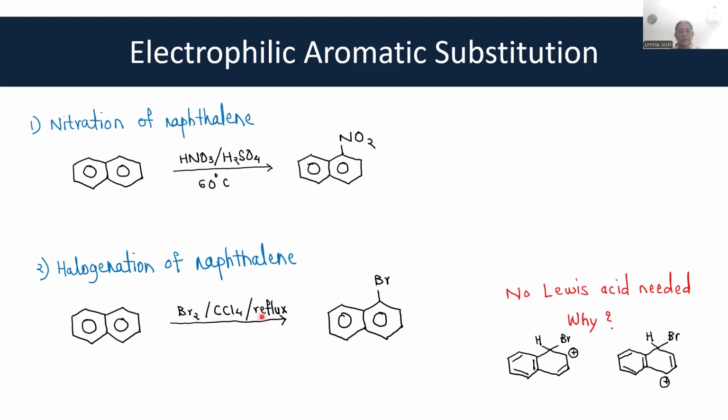To answer this question, we have to understand that when electrophilic aromatic substitution occurs in benzene, I will draw the structure over here, benzene electrophilic aromatic substitution. Okay. So here is H, here is Br, there will be a positive charge over here.